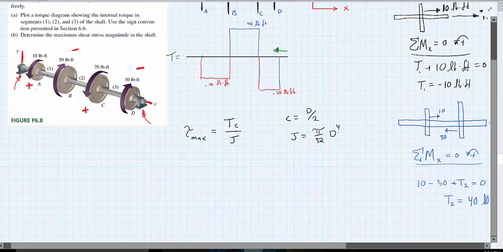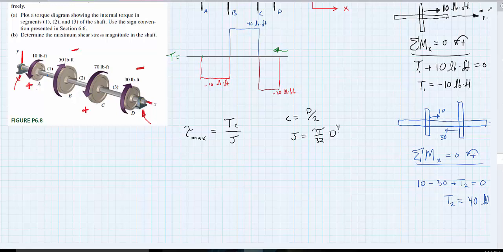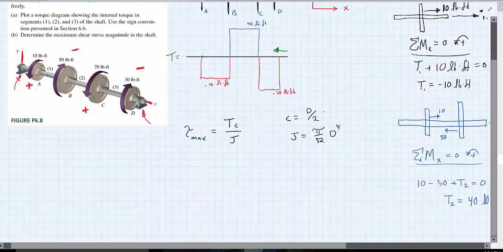So our diameter we know is 0.75 inches. So our c value is going to be 0.75 divided by 2. And our J value is then going to be pi divided by 32 multiplied by 0.75 to the fourth.